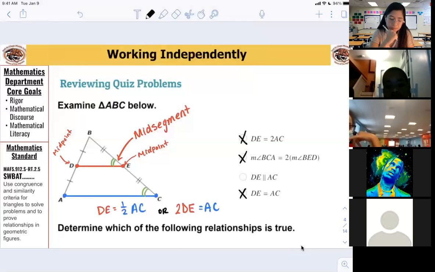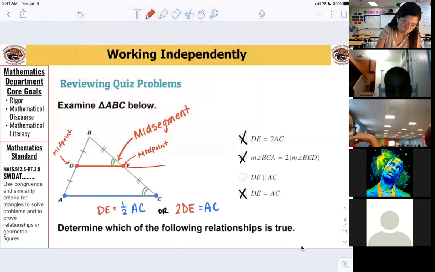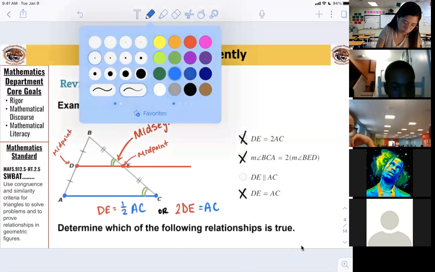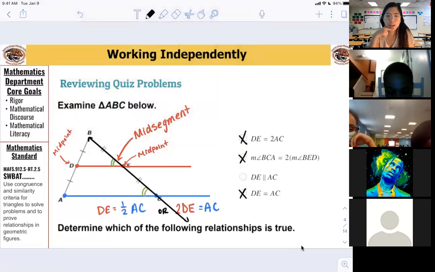Hmm. I'll give you guys a clue. The transversal line? Yeah, because what are these? These two are parallel, and then here's my transversal, which makes those two angles what type of angles? Alternate. No, wait, I think corresponding.